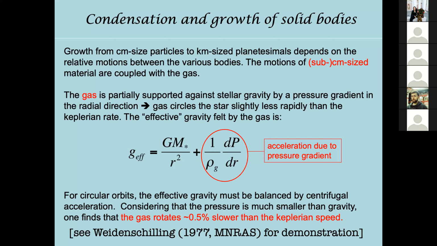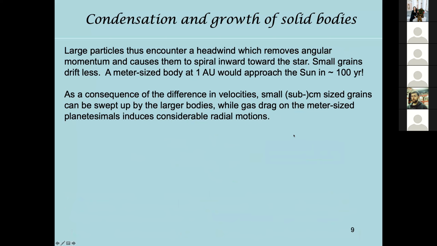So just remember, and if you are interested, read this paper. It's a very clear, very nice paper, that the gas rotates slightly slower than the Keplerian speed because of this pressure gradient.